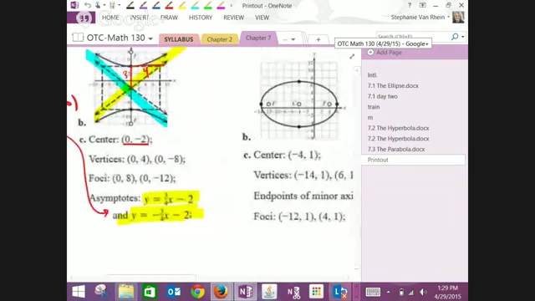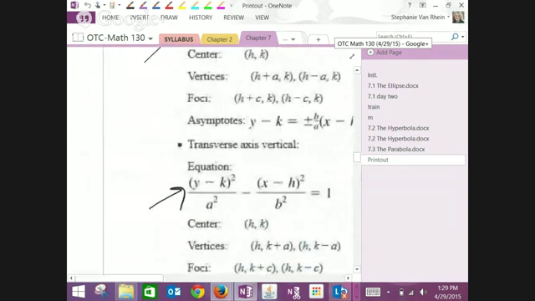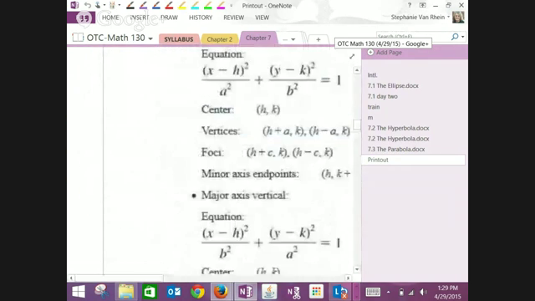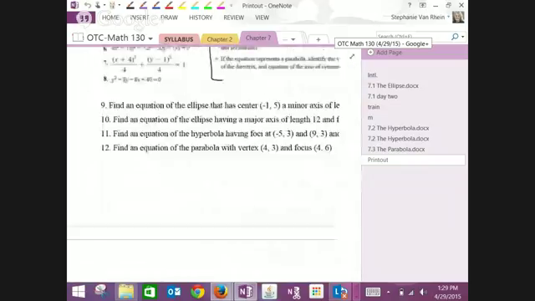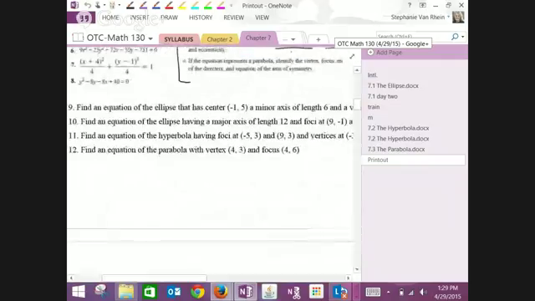And then the last part that students might struggle on because they're a little disconnected from it is 9, 10, 11, and 12. If I give you information about the graph, find the equation, right? It's always going to tell you what shape it is.